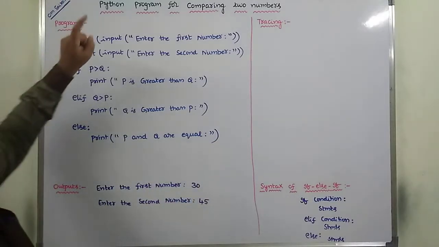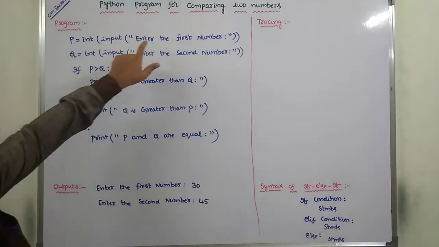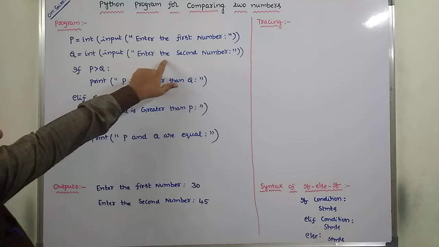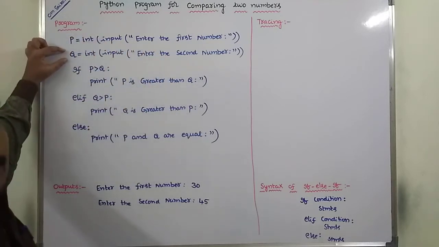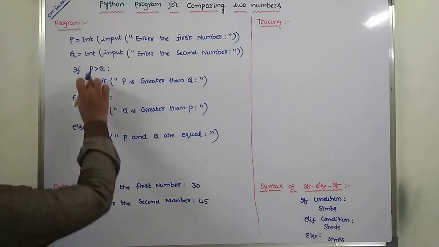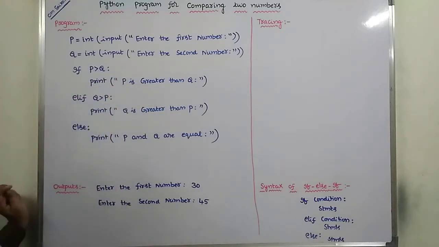How are we comparing the two numbers? The first number is stored in variable P, and the second number is stored in variable Q. Now the values in P and Q are compared using greater than.